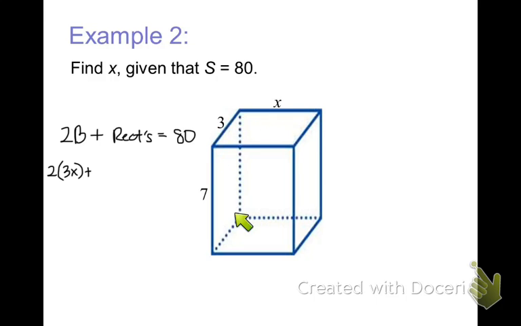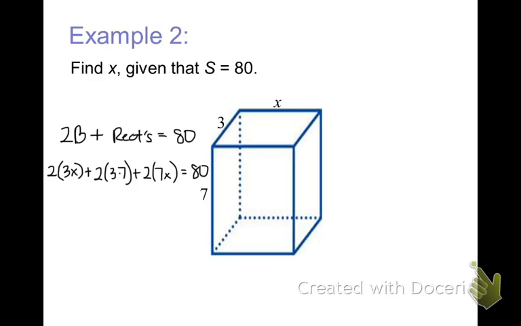So I have 3 times 7. How many 3 times 7s do I have? Yeah, because the one opposite will be 3 times 7. So I can do 2 3 times 7s, and then what's my other 2? 7 times x for the front and the back, right? So for this back one and for the front one, all of that should still equal 80.